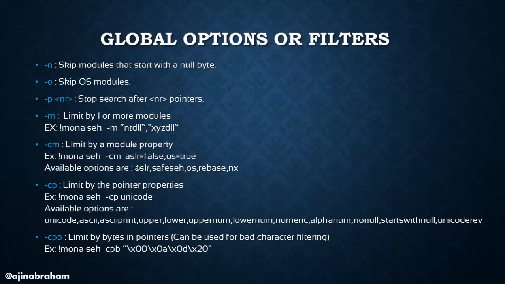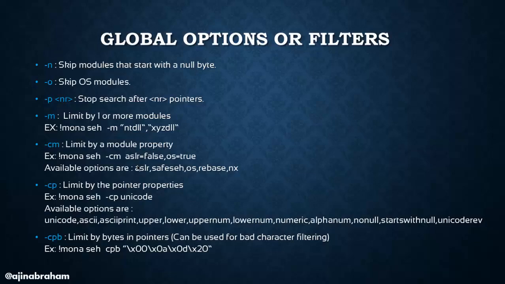So you can specify it like -m and the module name, and if more than one module is there, you can just use comma separated values. And -cm is to limit the search by a module's property. The properties are like ASLR, OS, SafeSEH, Rebase, NX, etc. So we will come to this in a moment.